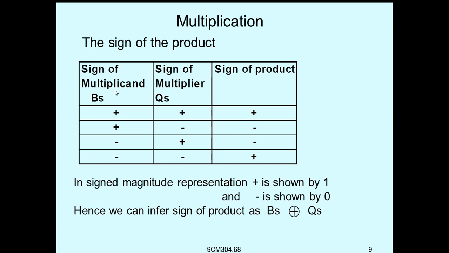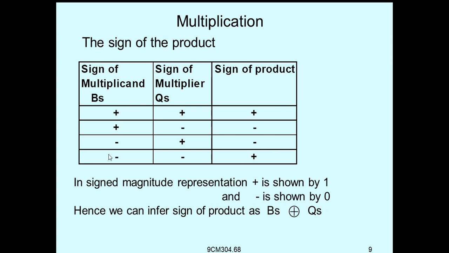If the sign of the multiplicand is positive and the sign of the multiplier is negative, then finally the sign of the product is negative. Sign of the multiplicand is minus, and sign of the multiplier is plus, so minus into plus is minus, so the sign of the final product is minus.